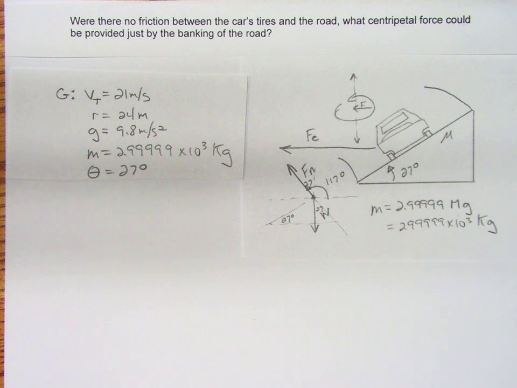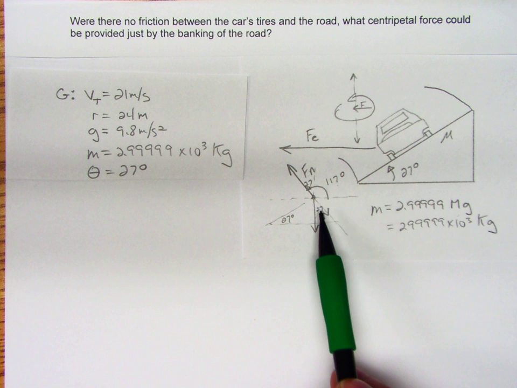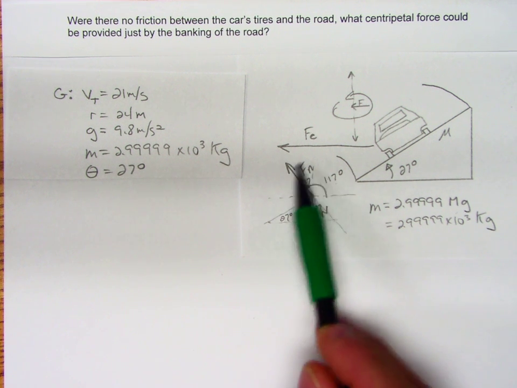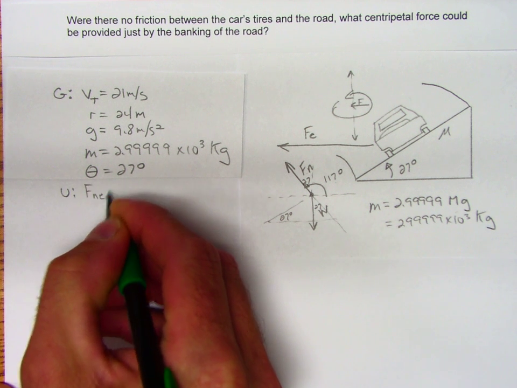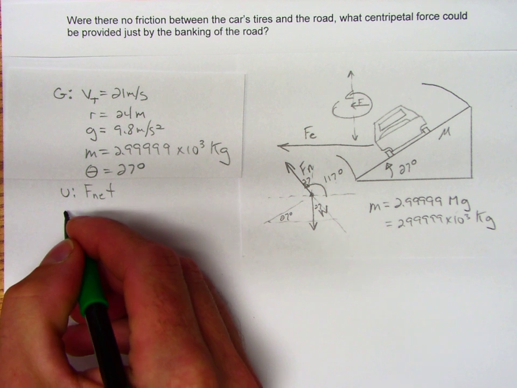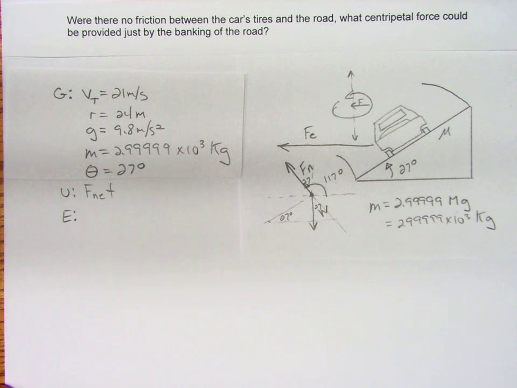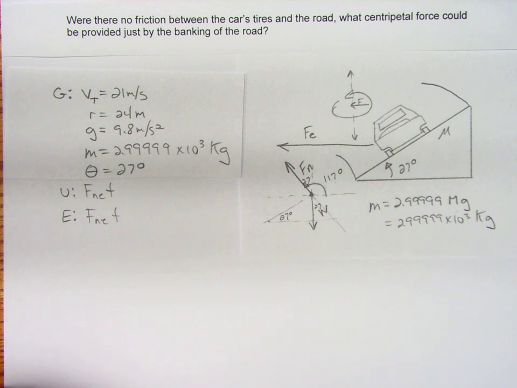Okay, we're looking for what force could be provided by the banking of the road. Well, the centripetal force is the net force of a system, and it is a center-seeking force. And so we're just looking really for the net force of this diagram. Now, we need to look at it in both the x and the y dimension. I'm just going to write F net for the equation because we're really just adding the forces.